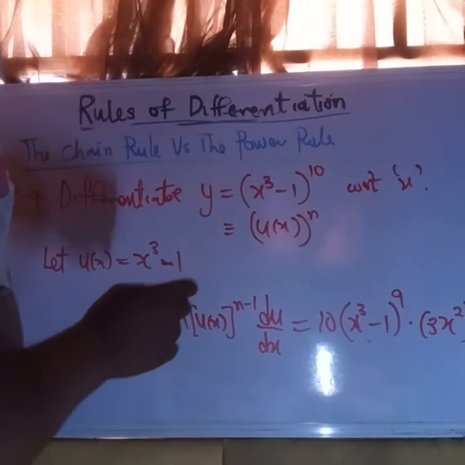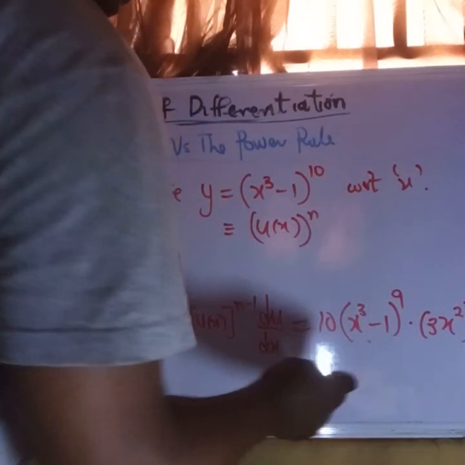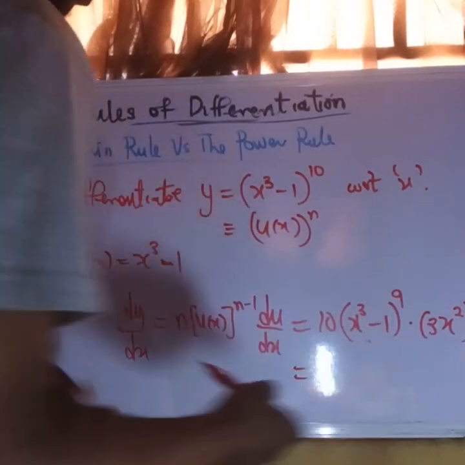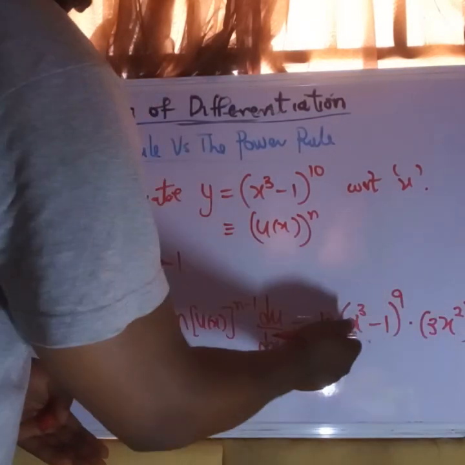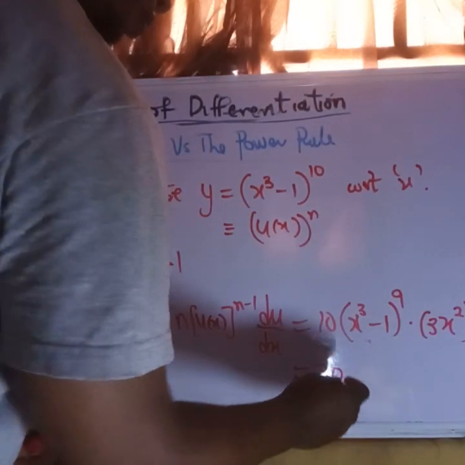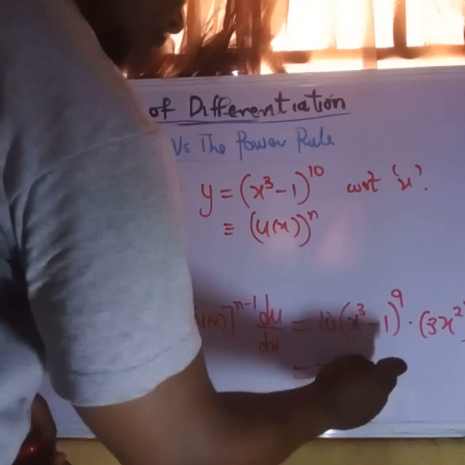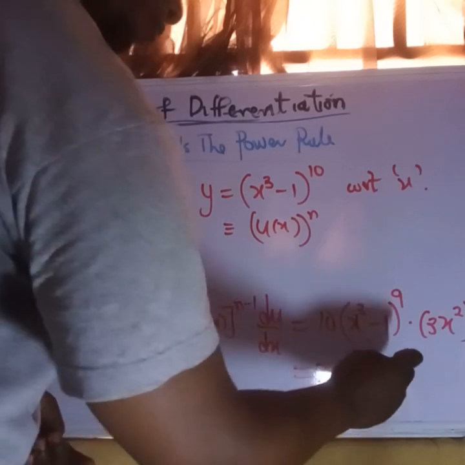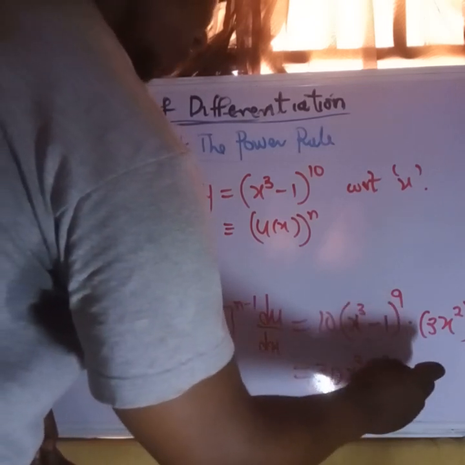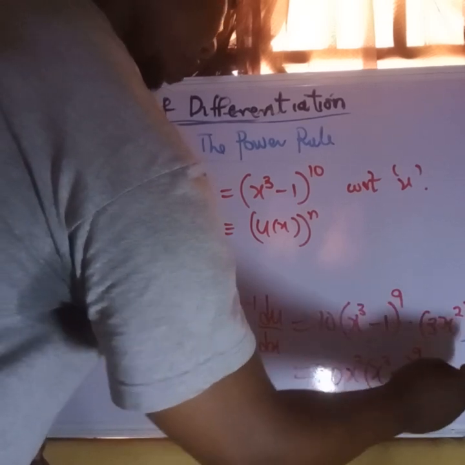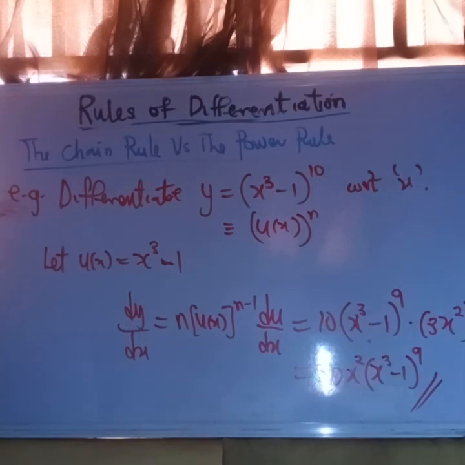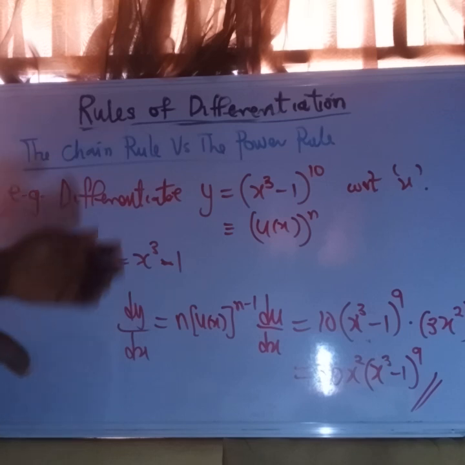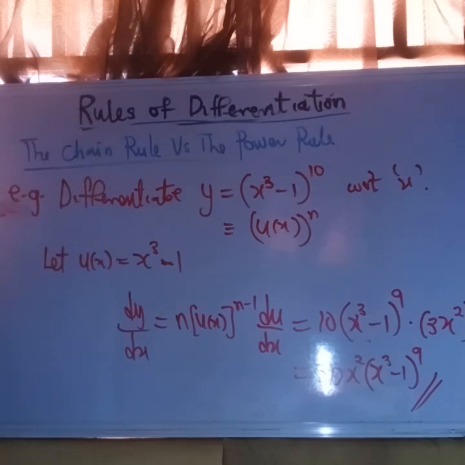We can multiply these together for a more compact form: 3 times 10 is 30, so we have 30x squared multiplied by x cubed minus 1 raised to the power of 9. This is the slope of the function, and this is how we apply the chain and power rules.